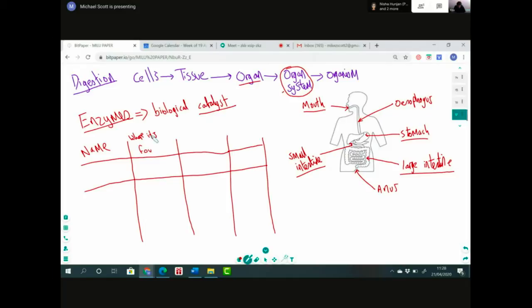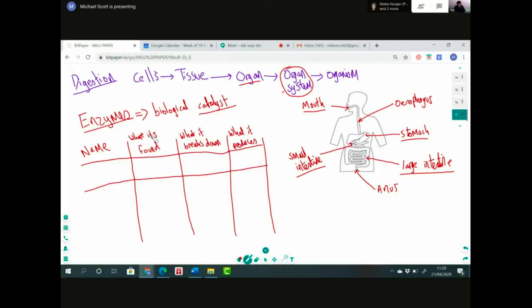So whereabouts in the digestive system is that enzyme found? You'd also need to know what it breaks down. So, you know, each enzyme is responsible for breaking down a different food group. And once that food group's been broken down, what does it produce?